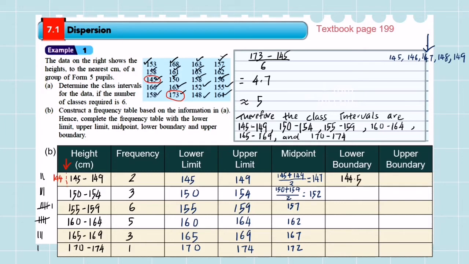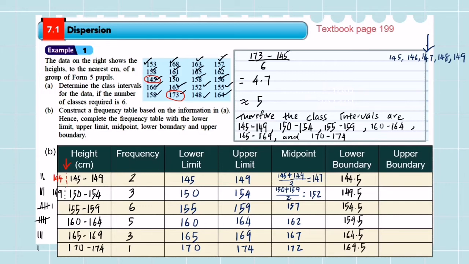Okay, so here, second row, before 150 is 149, so 149.5. And now you know how to get the lower boundary, right? So the next numbers are 154.5, 159.5, 164.5. The last one is 169.5.